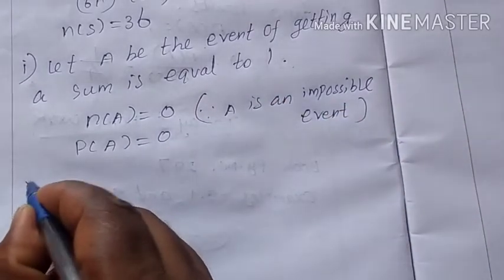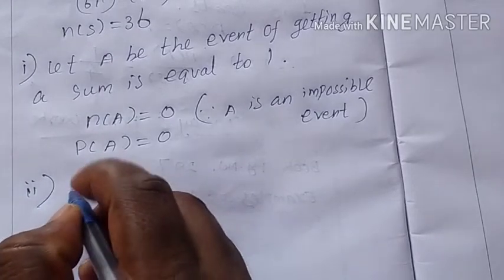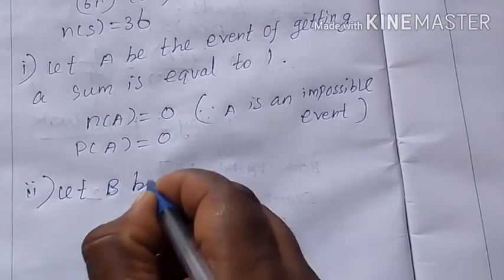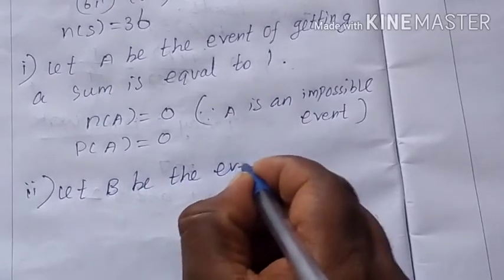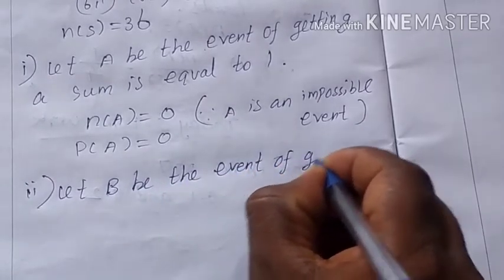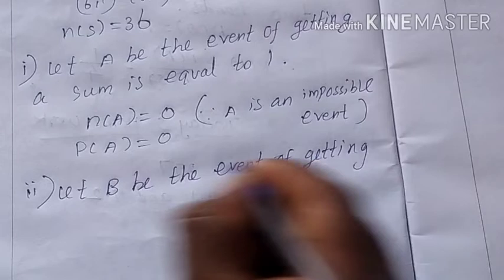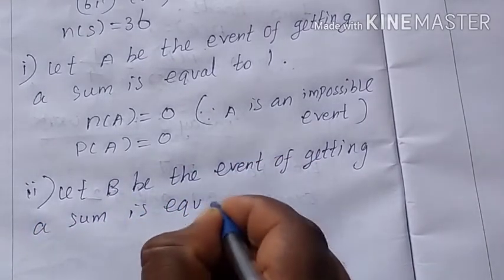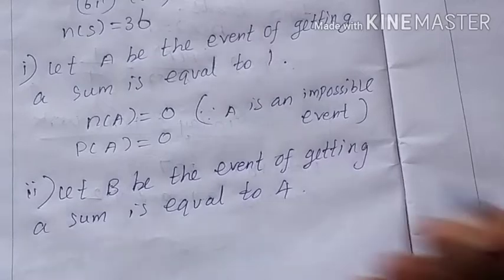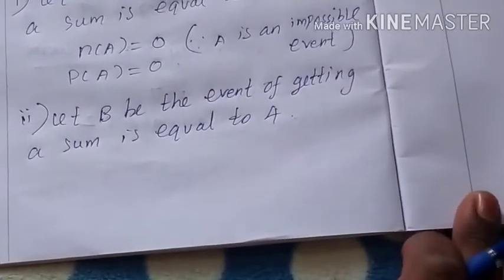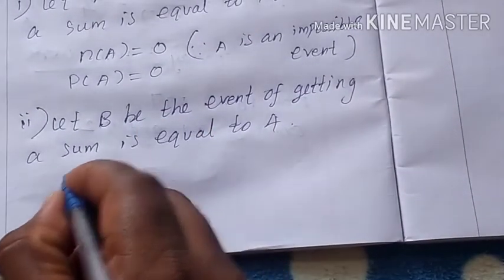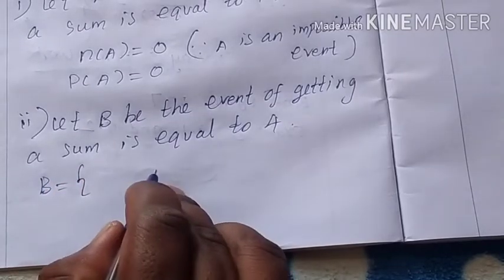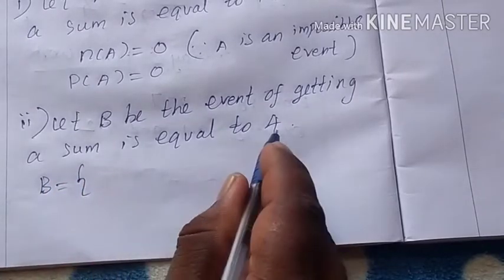Then the second question: what is the probability that the sum is equal to 4? Let B be the event of getting a sum equal to 4. So B is equal to the set of all possible outcomes with sum 4.